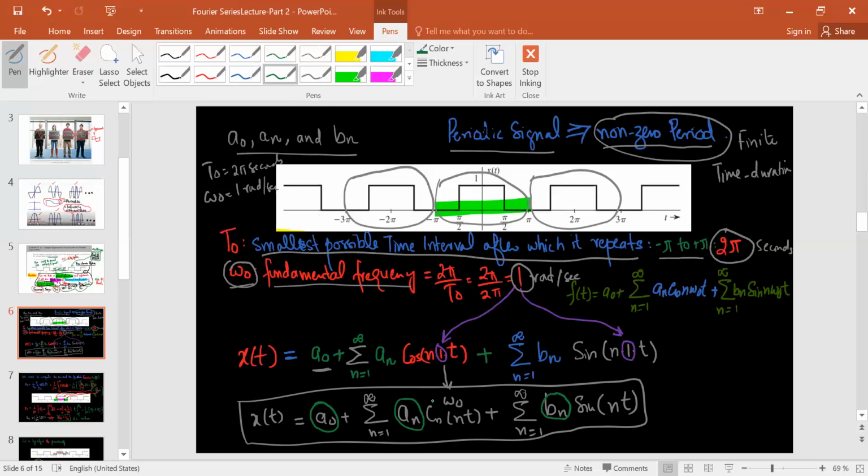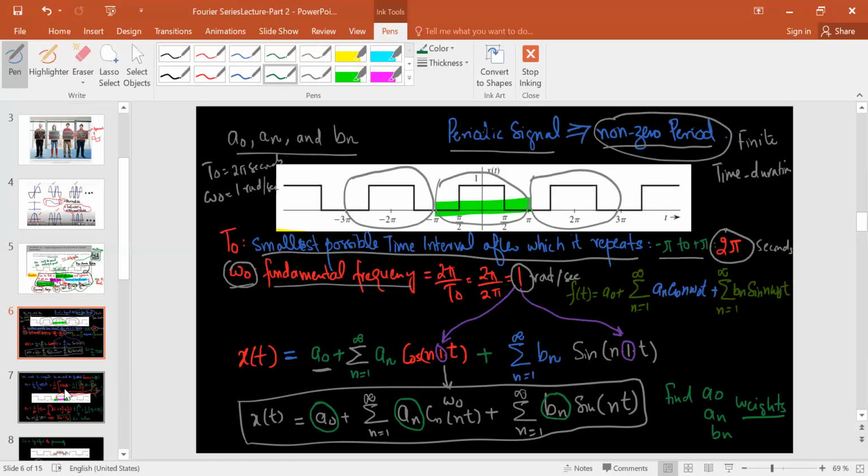So my aim is to find a naught, a n, b n, the weights associated with the sine and cosine components. These weights will tell me whether this component is eligible for addition or not. If the weight is small, I will not like to add it. And if it is significant, then I will think of it as a contributing factor towards my final x of t, which is a square wave right now.